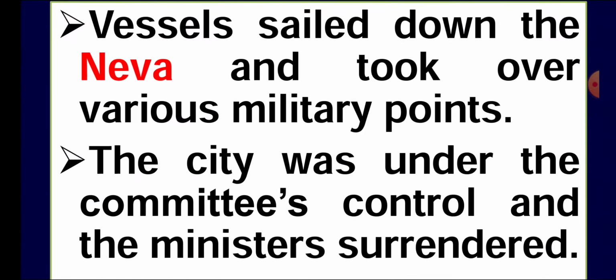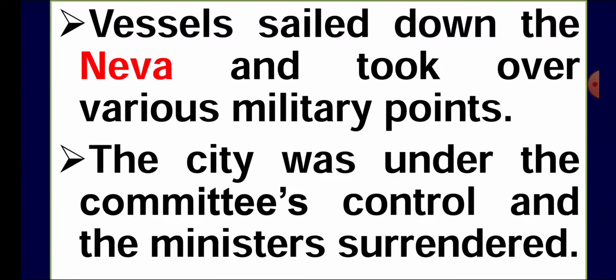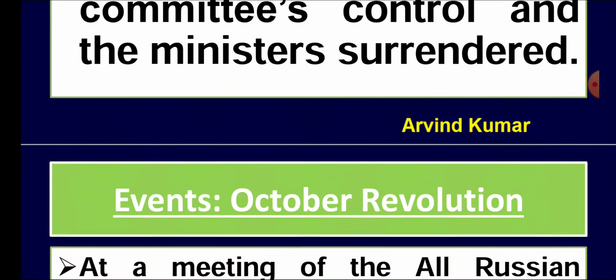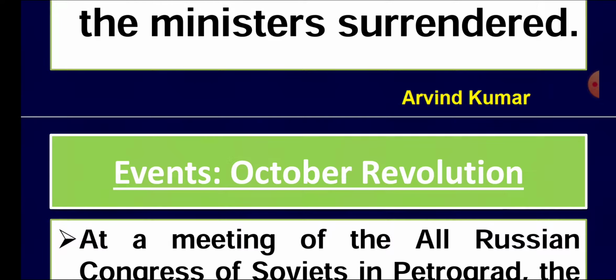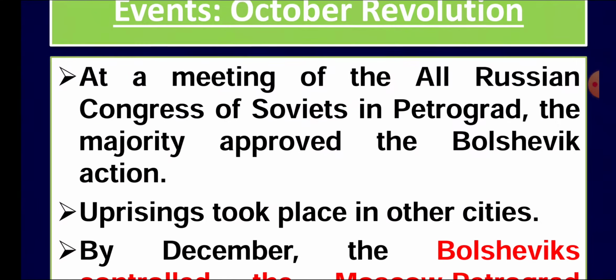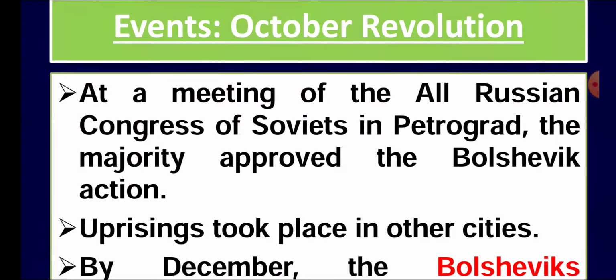The main headquarters of the provisional government were taken under their control by these Bolsheviks. Ultimately, Bolshevik ministers got the power, and the Mensheviks, or the provisional government, surrendered.